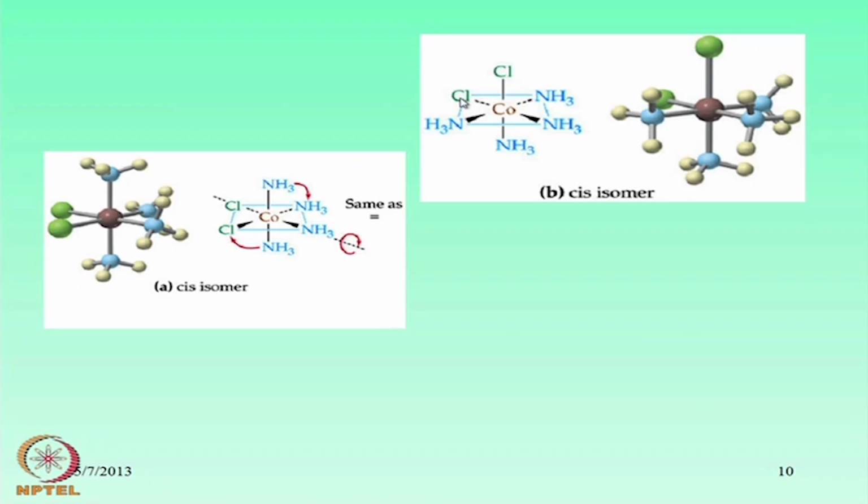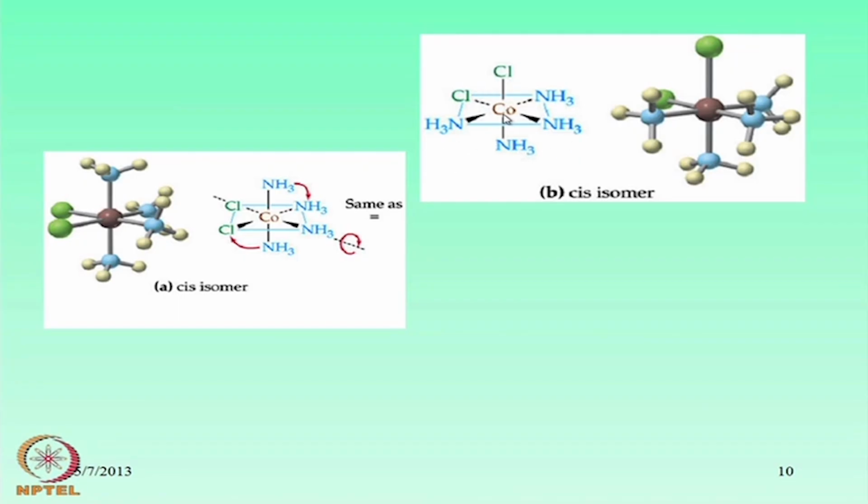This chloride will remain here and this chloride will occupy this position. So this is another type of arrangement which is different from this arrangement, but again in this arrangement also we have the Cl-Co-Cl angle of 90 degrees.